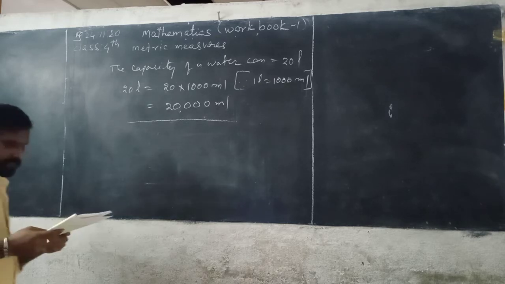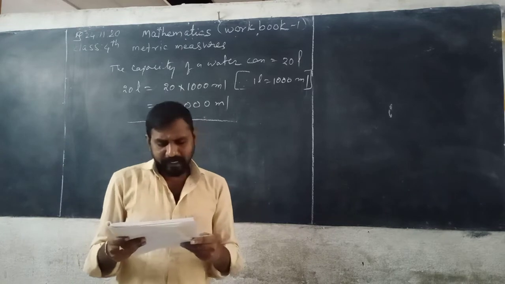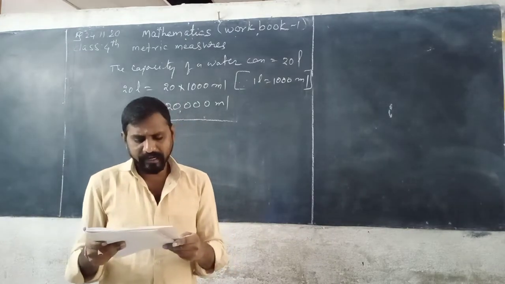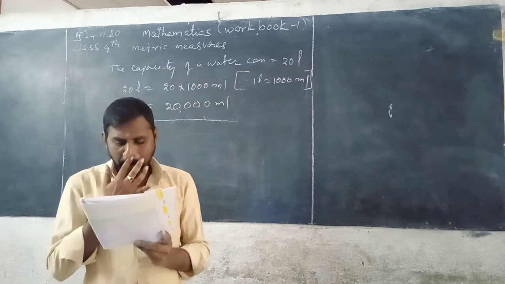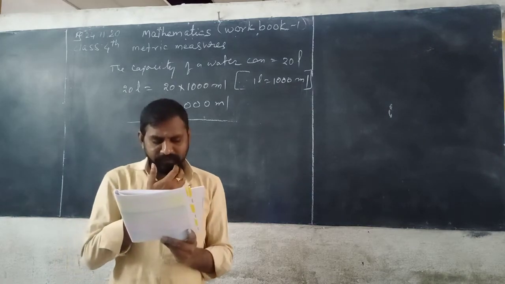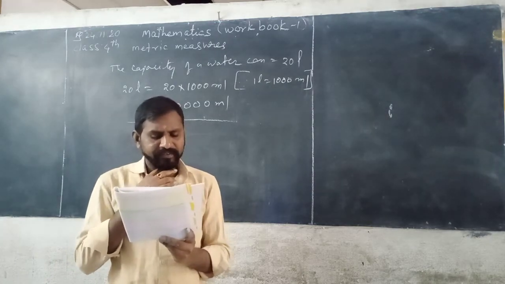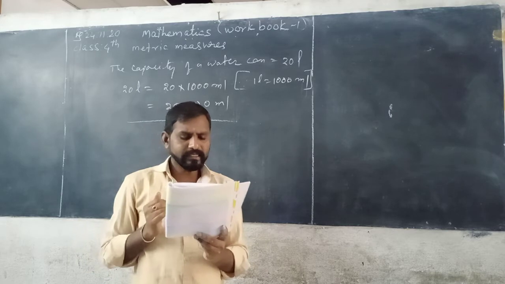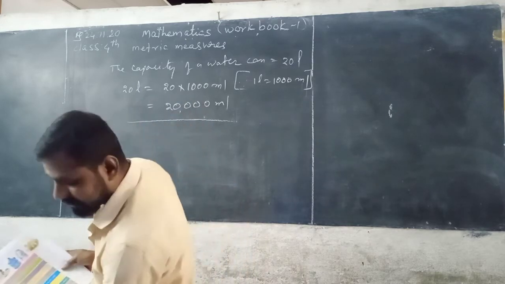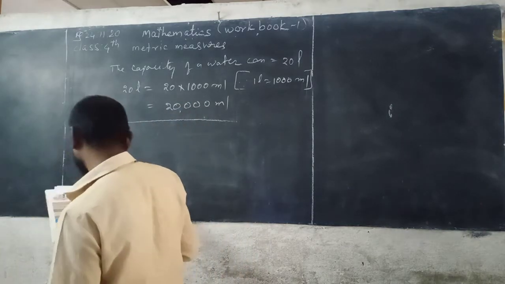Now next one is, each milk packet contains 500 milliliter milk. How many packets are needed to fill a can of 25 liters capacity? Listen carefully, this is very very important.